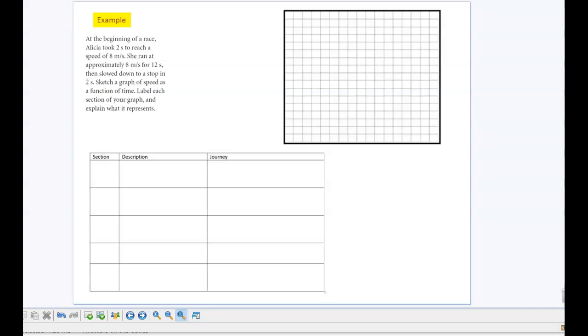So let's see, in total, she took 2 seconds to reach 8, ran for 12 seconds, and 2 seconds to slow down. So she ran for approximately 16 seconds. And I think if we just count every line as 1, 2, 4, 6, 8, 10, 12, 14, 16. So this is time in seconds, and I'm only going to label every second one.